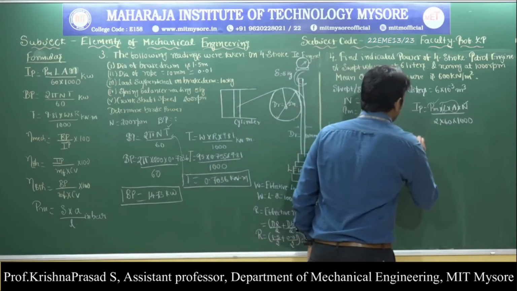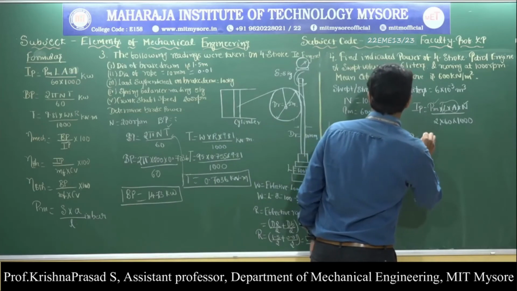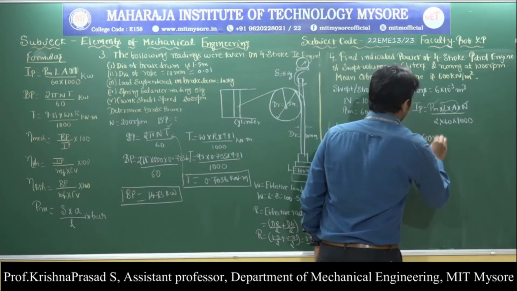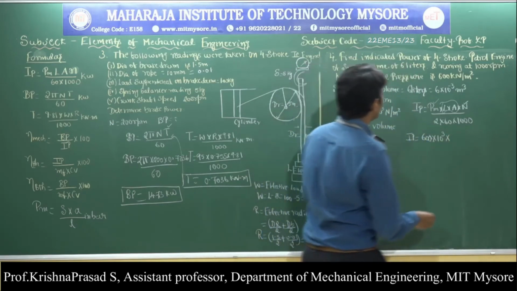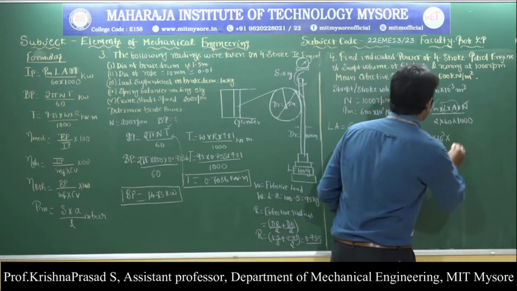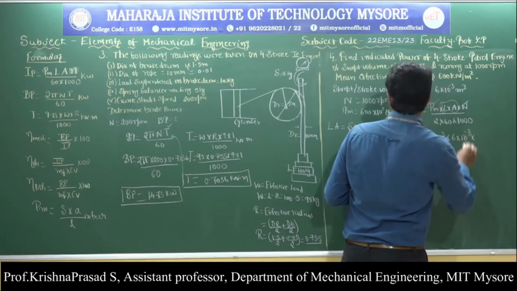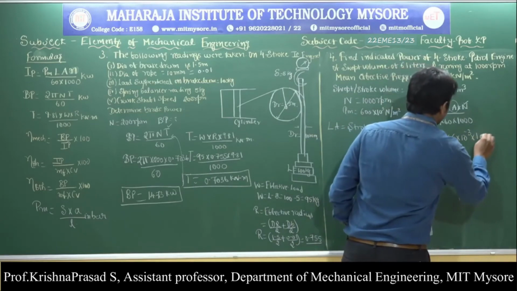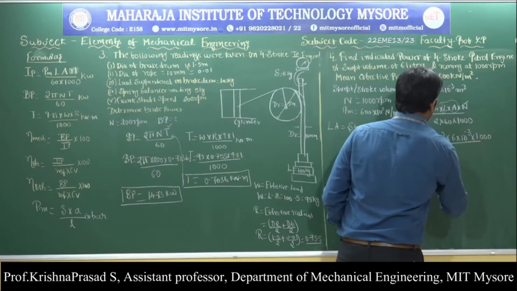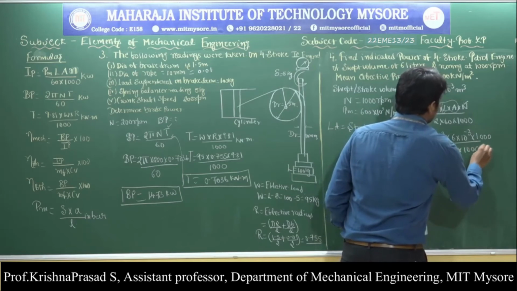Substitute here, IP is equal to 600 into 10 to the power of 3, and L into A is equal to 6 into 10 to the power of minus 3, and crankshaft speed is 1000 rpm, divided by 2 into 60 into 1000.